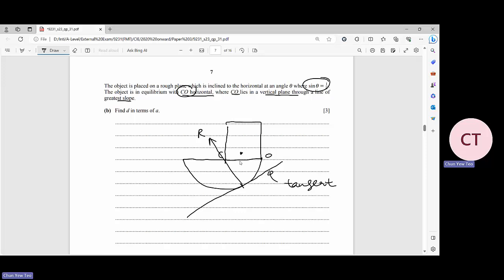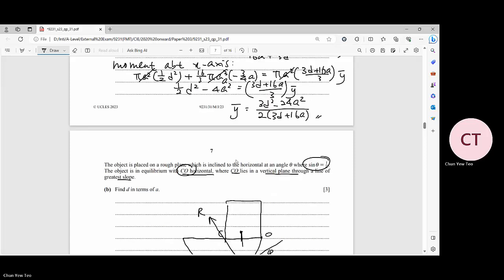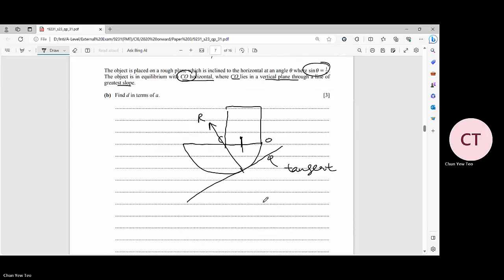So your W must be, okay, wait for a while. So this is your center of the mass. It will pass through here. This will be your W. This is a tangent.